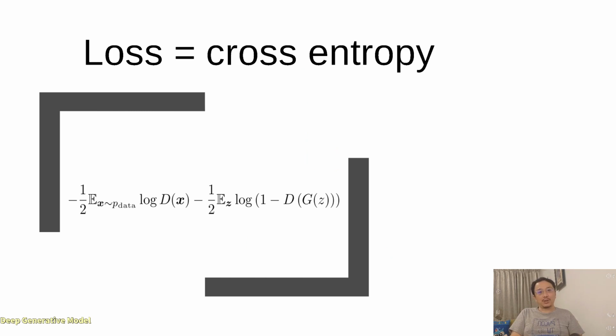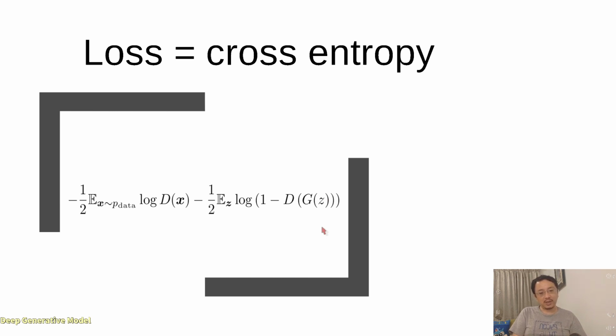So for the implementation, because the discriminator is a binary classifier, the most popular loss function for the discriminator is the cross entropy, actually the binary cross entropy. This one is the standard form of the binary cross entropy.